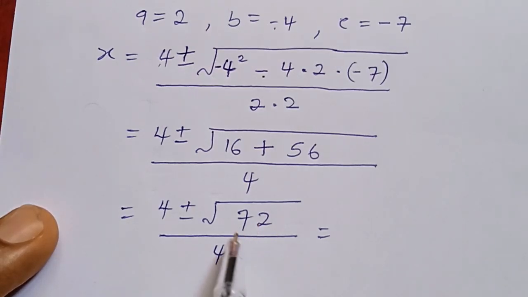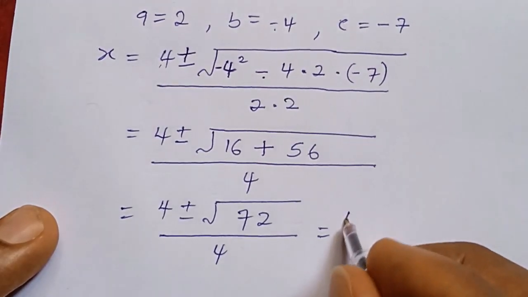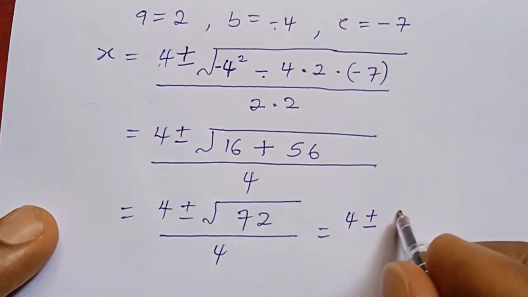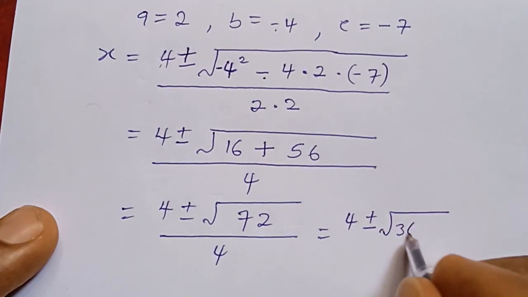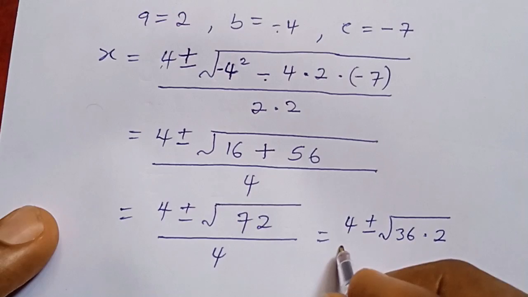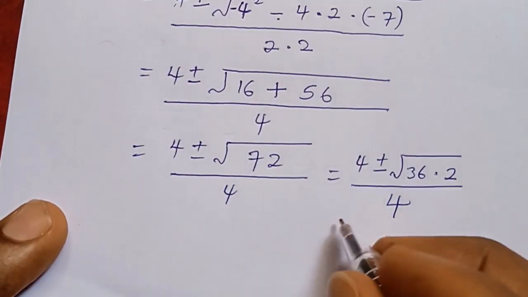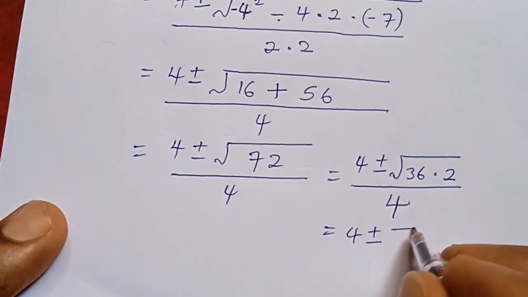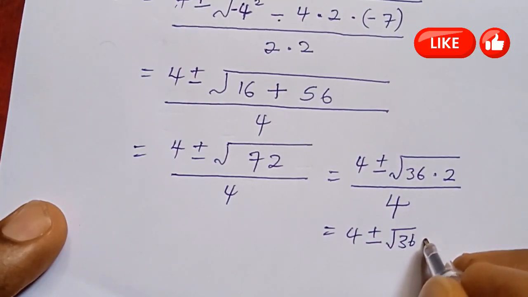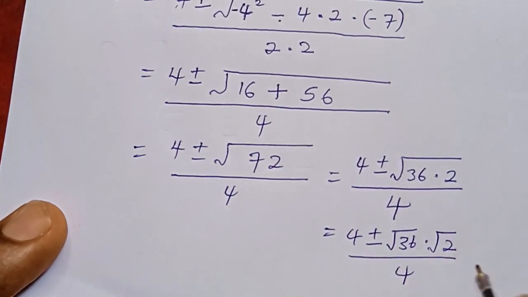So we can simplify this 72. So we have 4 plus or minus square root, and that will be given as 36 multiplied by 2 over 4. Then that can be separated as well. We have 4 plus or minus square root of 36 multiplied by square root of 2 over 4.